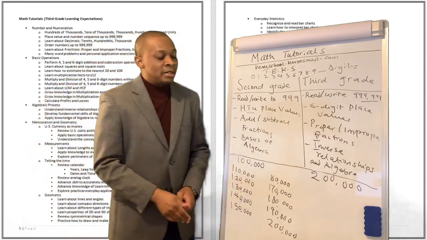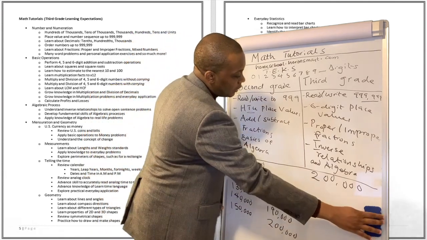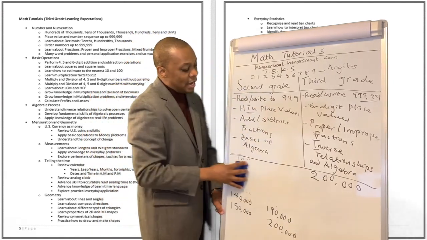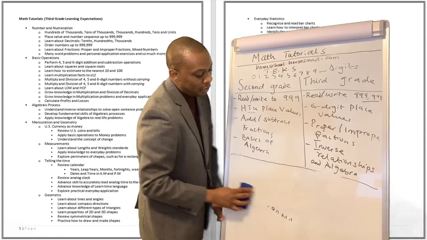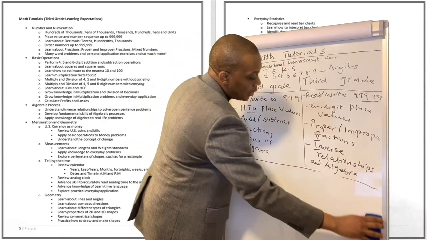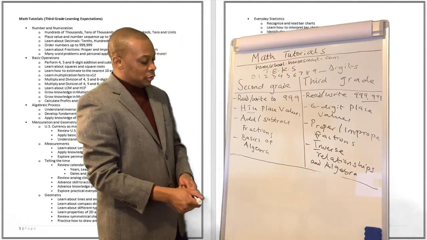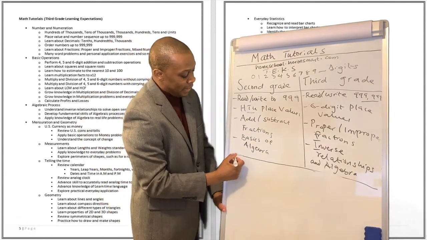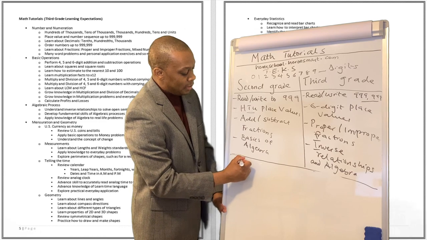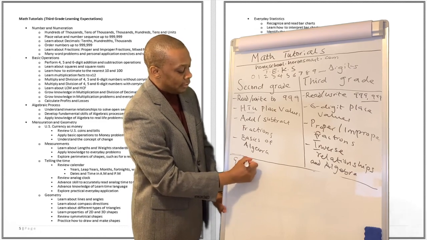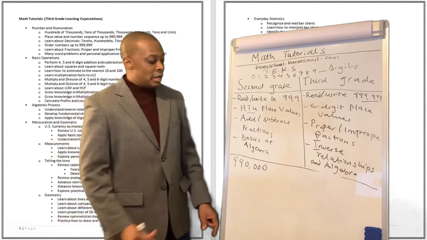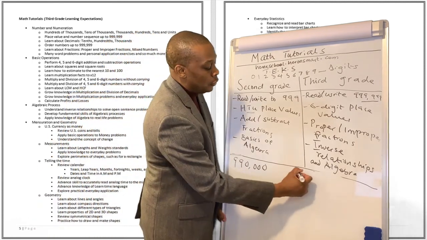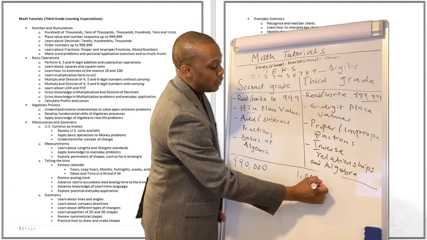Then, so we've counted by 10,000s right now. So let's try to teach the child how to count by thousands up until they get to 1 million. Assuming you know how to count from 990,000, we're going to count from 990,000 to 1 million.